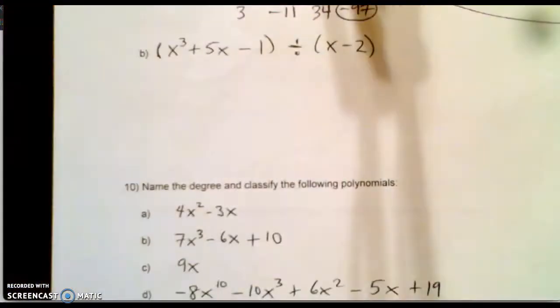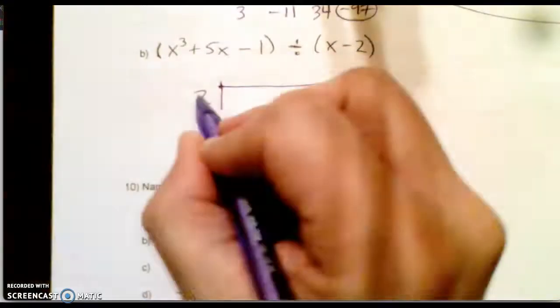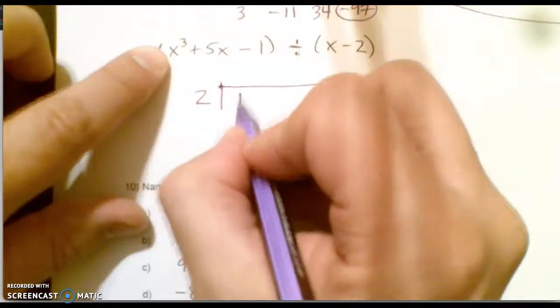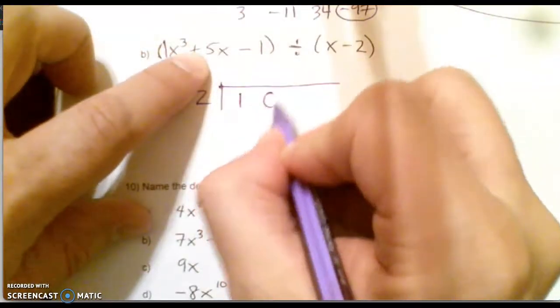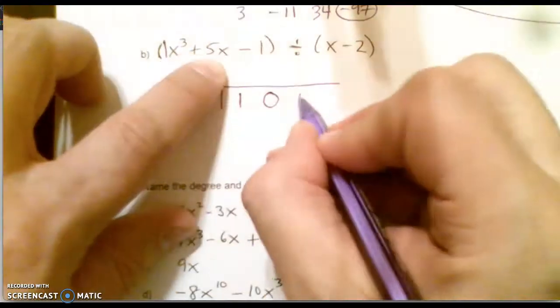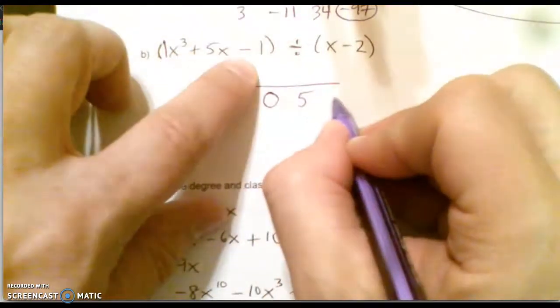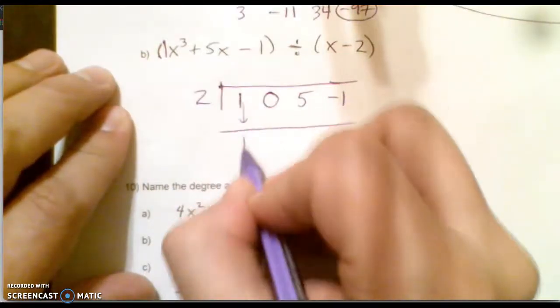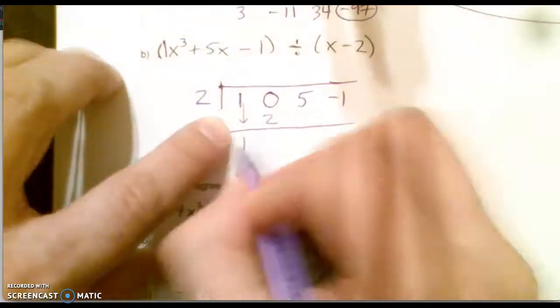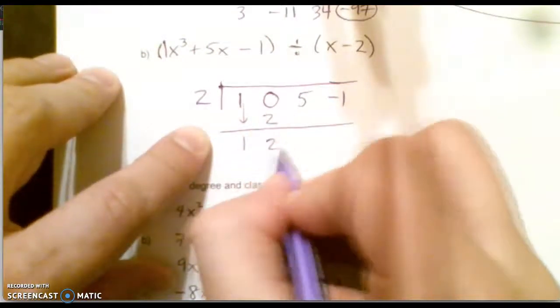All right, similarly, this one's a little sneakier though, because I don't know if you noticed, but after I put a 2 out there, I put a 1 here for the number in front of this. Did you notice there's no x squared term? You got to put a 0 placeholder. And then a 5 for the x's and a negative 1. Watch the sign on that. So I drop the 1, multiply, you get a 2, add.